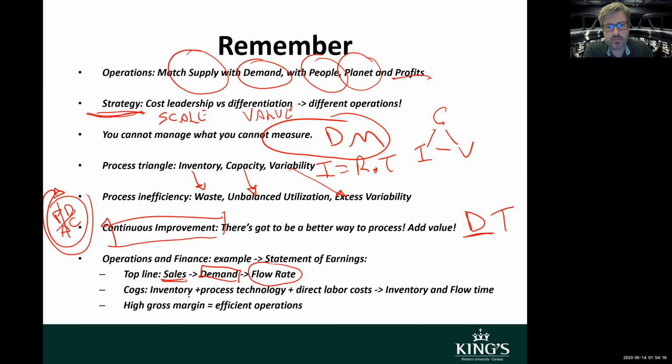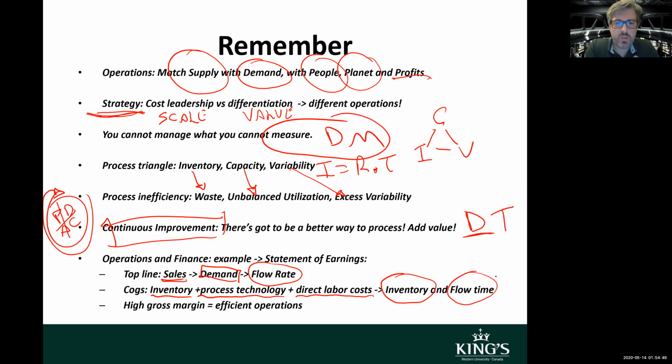Well, you have inventory. That could be either work-in-process inventory, raw material inventory, or finished goods inventory. You have a transformation technology in the form of overhead, manufacturing overhead, for example, and you also have direct labor costs. So these three things basically represent the other parts of Little's law: inventory and flow time.